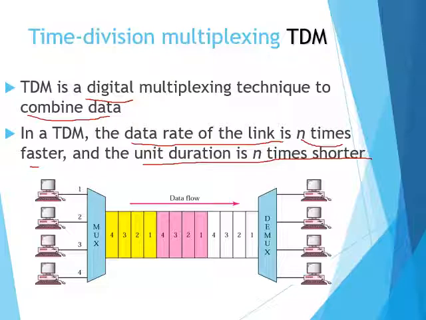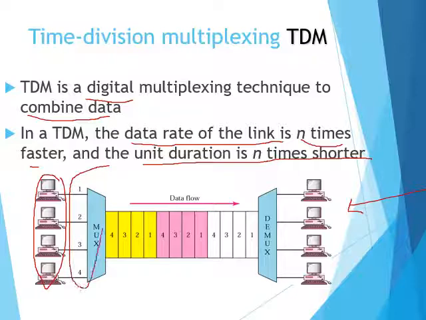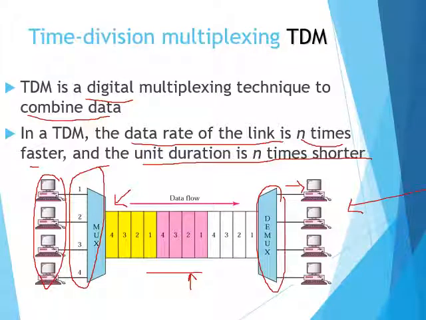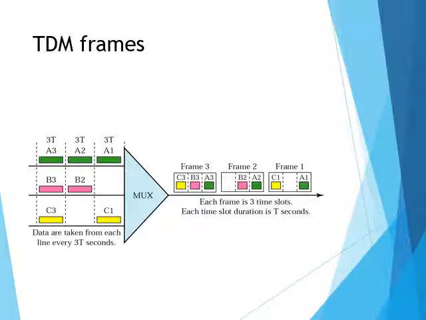If you look at the figure, we have 4 sources, 4 digital signals, combined using a multiplexer to form the multiplexed signal. A demultiplexer separates it back so that it can be received by the receiver. This is the TDM process.